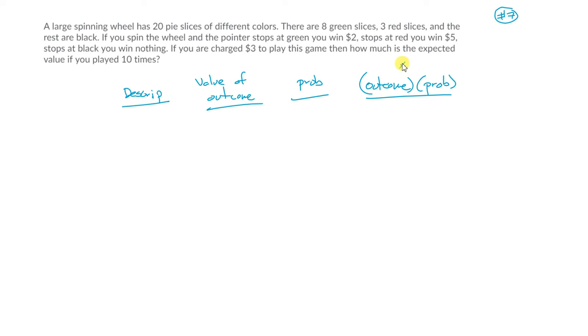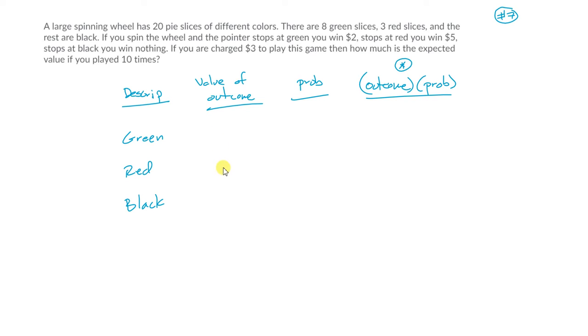And that's the column that we add up to get the expected value. So what are the descriptions? You can land on a green slice on the wheel. You can do red, and you can do black, and I guess that's it, right? 3 colors. There's 8. So now you should be able to fill in the rest of this.